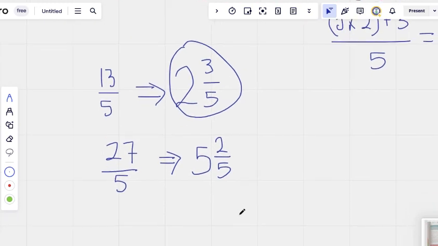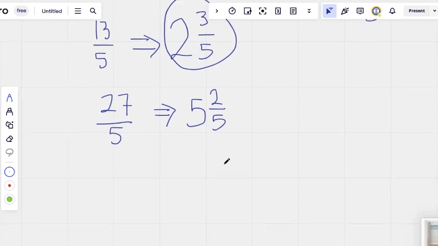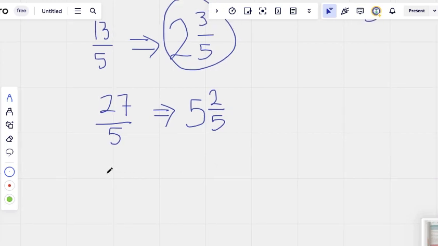Okay, so this is converting an improper fraction to a mixed number. One last one. If we're given, let's say, 67 over 8.